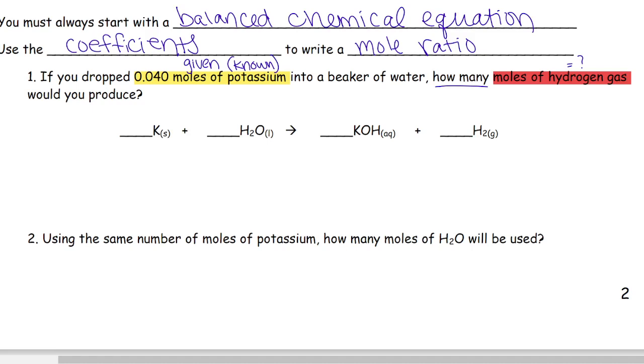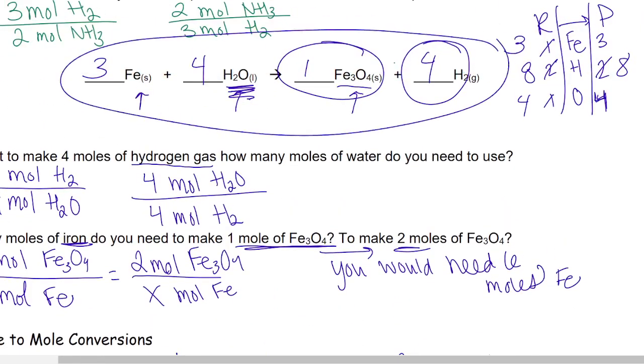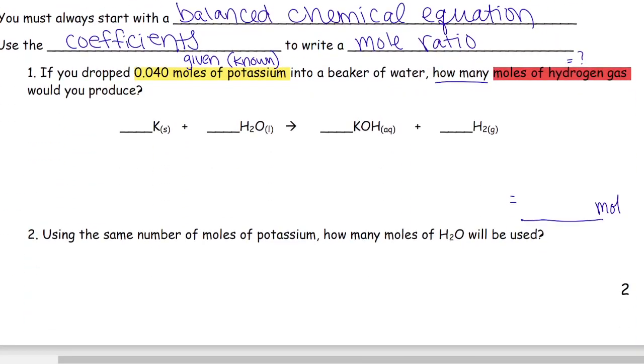So if you know that the question is saying how many moles of hydrogen gas, even if you have no idea where you're going to go from here, you can draw a little blank for yourself to put the number in, and you know that the unit on your final answer should say moles of what? Of hydrogen gas. And then the formula for hydrogen gas, just like we used the equation up here to help us figure out the formula, we can use this equation that was given to us to help me find the formula.